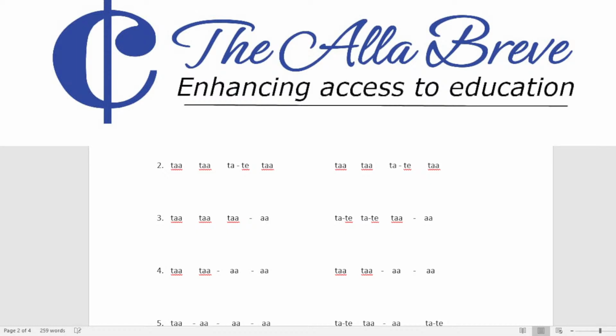In the second line, we still have a crochet, a crochet. I wanted us to change one of these into becoming a rest. So this being ta, it's a quaver. We could give it the symbol of a quaver rest.